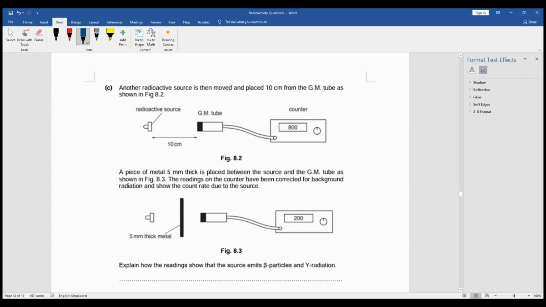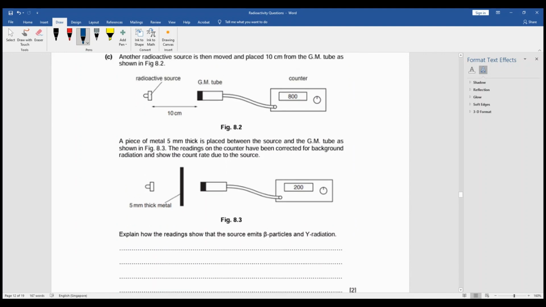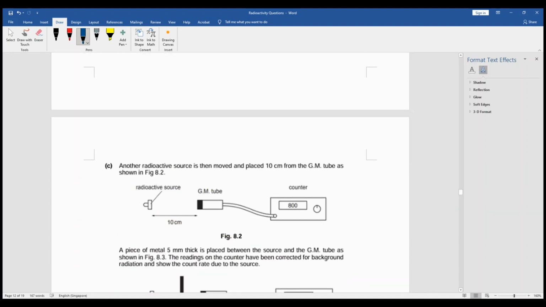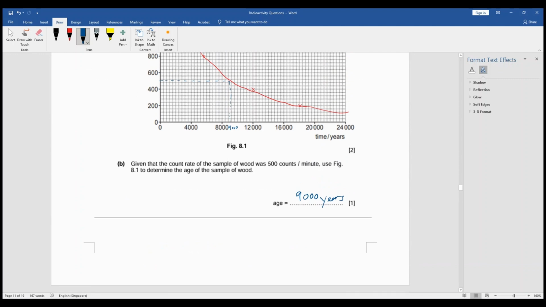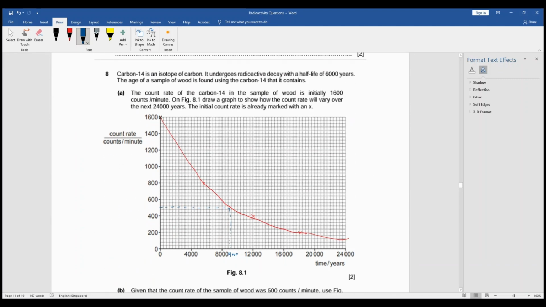We have a GM tube, 10 cm away, counting 800, and with a piece of 5 mm thick metal, it is 200. Now this should only be able to block beta and alpha, so it should still be receiving gamma.